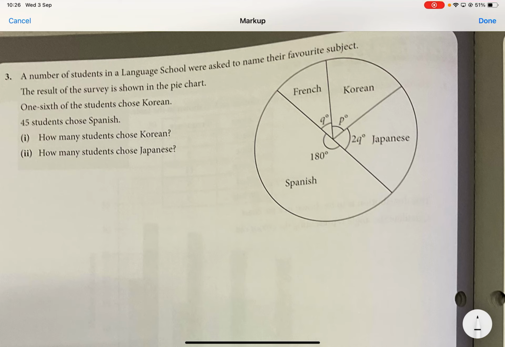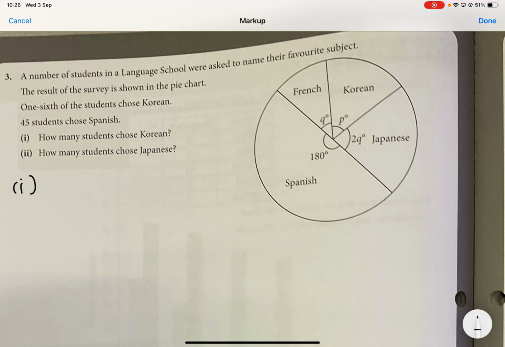How many students chose Korean? They tell you already, right? 1/6 of the students choose Korean. The total students is 360 degrees.